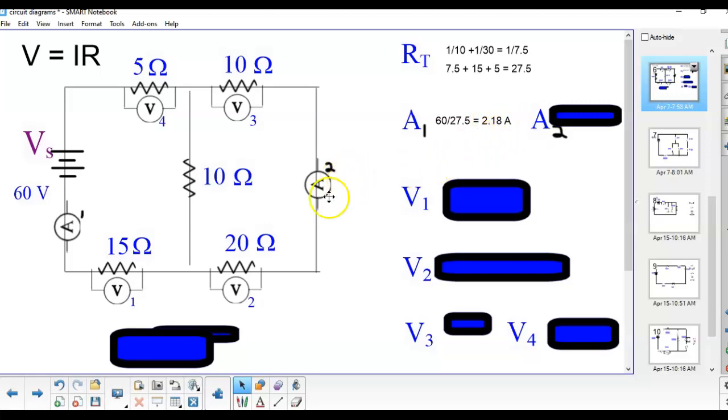Now, the current has a choice at this spot. Some of it can go this way, some of it can go this way. Now, we want to look at the proportion. Remember, the lower the resistance, the easier the current flows. If the current goes this way, it only has to go through a 10 ohm resistor.